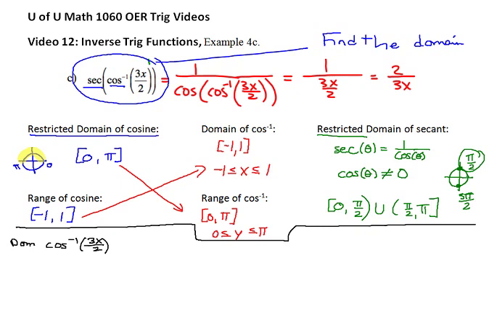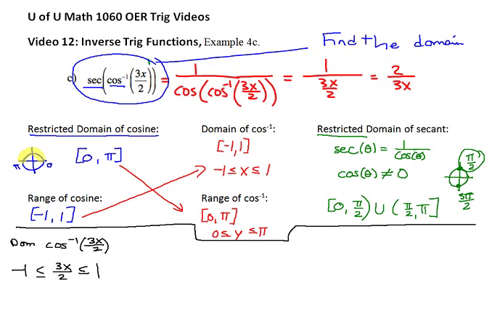And since my input here has been modified to be 3x over 2, I'll have -1 is less than or equal to 3x over 2, which is less than or equal to 1.